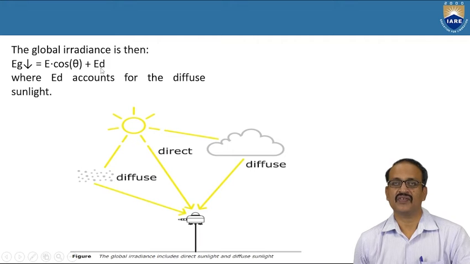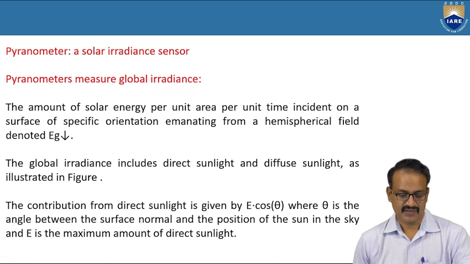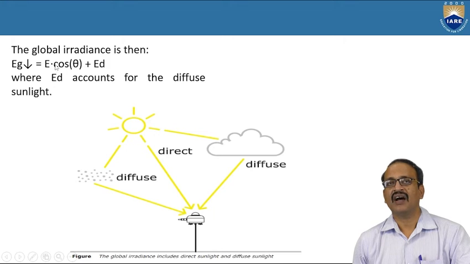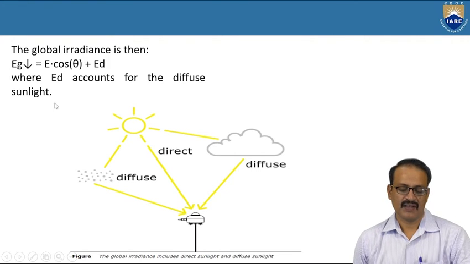E cos theta is the direct sunlight, with theta the angle between the module and the sunlight, and E_D is the diffused sunlight. So that will give you the total.